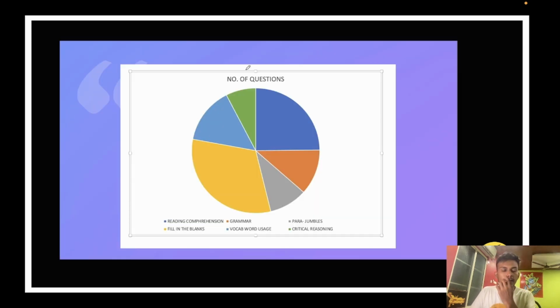First, let's start with reading comprehension. Look guys, reading comprehension has a good weightage, approximately more than 25%, right? Around 25%, let's say. One-fourth of your paper comes from reading comprehension itself. You'll usually have 1 or 2 passages.